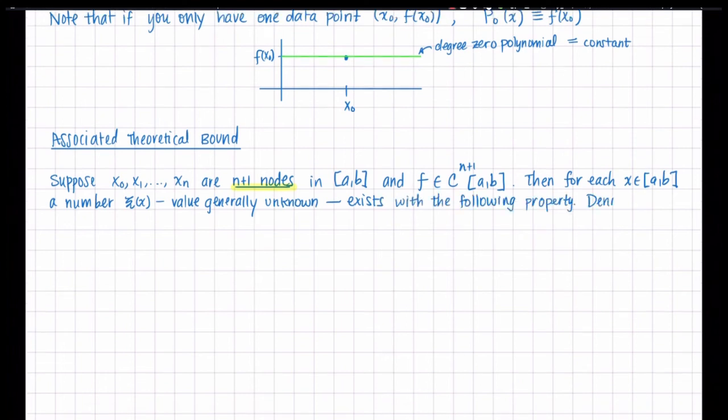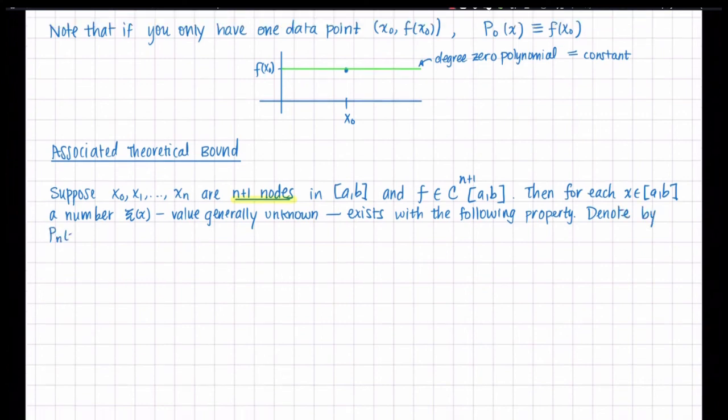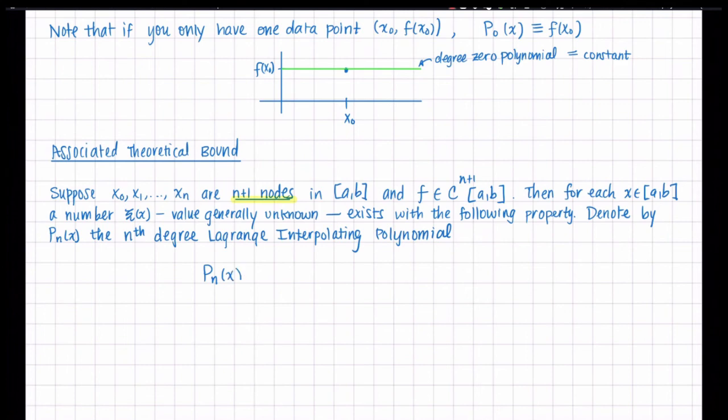Okay, so we denote by p sub n of x the nth degree Lagrange interpolating polynomial. And here I'm going to write it down in the following way. P sub n of x. In the previous page, I expanded it out. Here I'm going to write it in its compact form using summation notation.